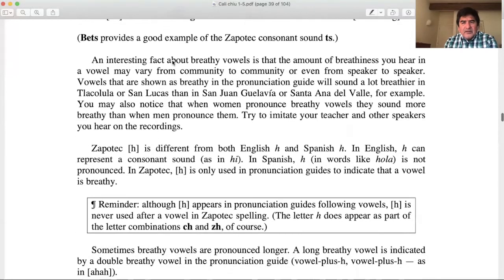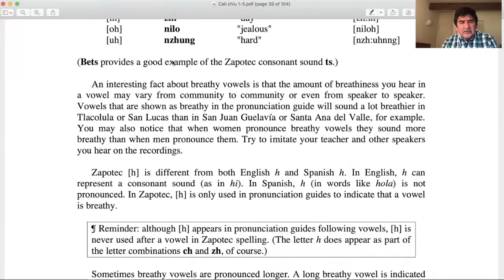As we go along, you will notice that the amount of breathiness varies according to the words and also the way in which the speaker pronounces it. In a community such as mine, San Lucas Quiavini, even among community members there is a difference in the way we pronounce these words in terms of breathiness.